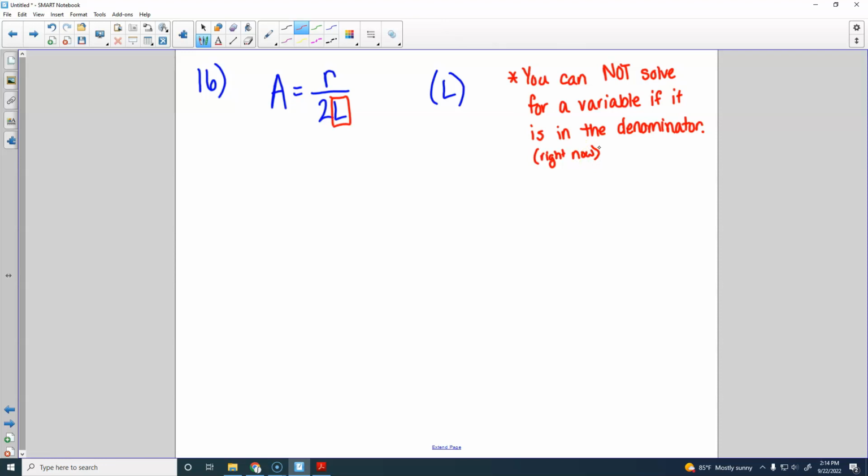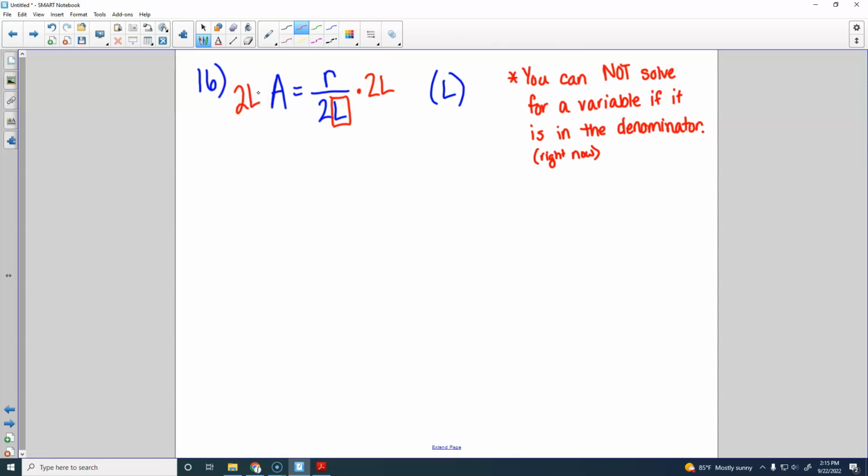So I can't solve for it just like it is right now, but I could get it out of the denominator, right? Because denominators really are just like R divided by 2L, correct? So I could, in this case, multiply both sides by 2L, right?